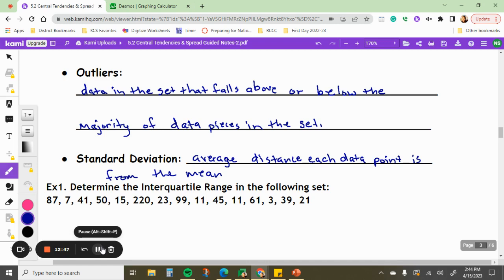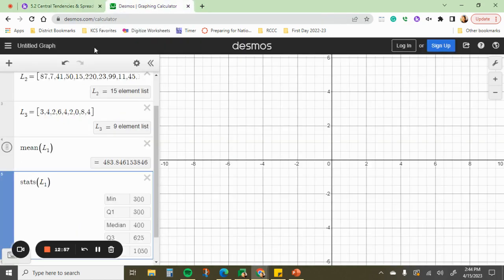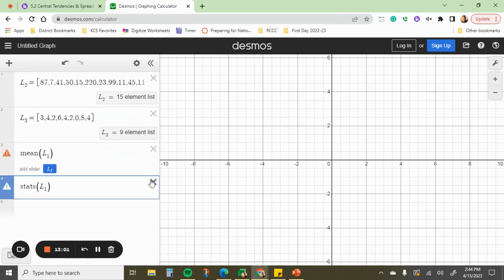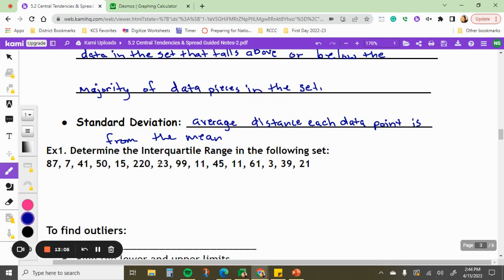So we're going to take the next bit of information and put it into our calculator to find the IQR, the interquartile range. And that's going to be list L2 on my calculator here. I have that information.